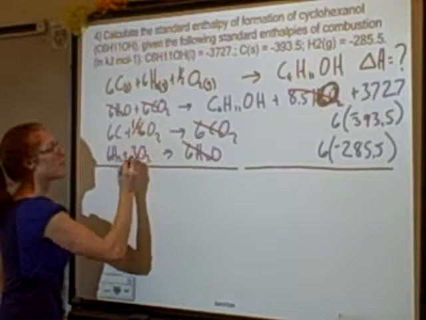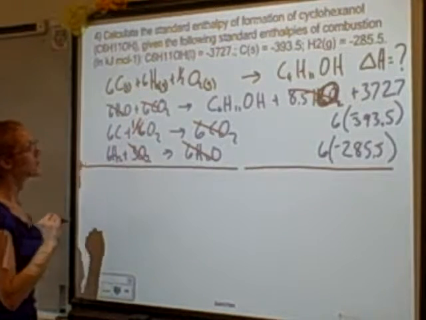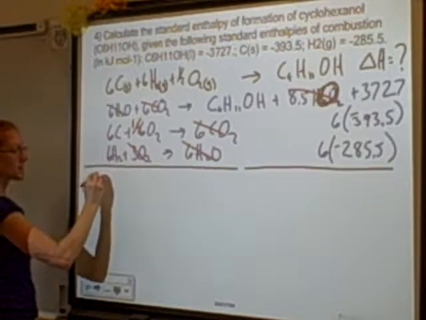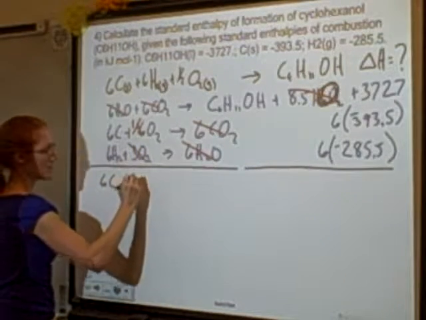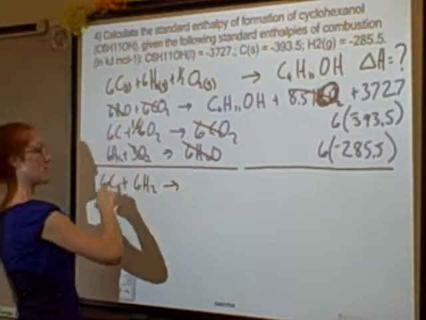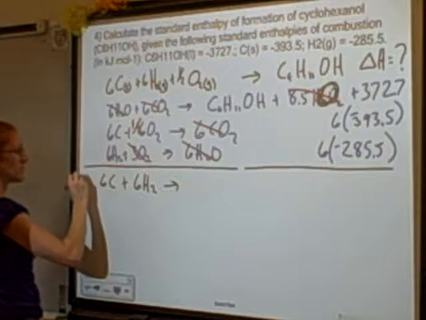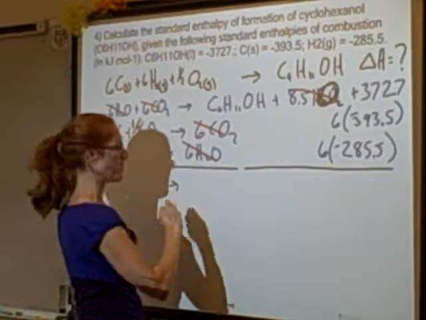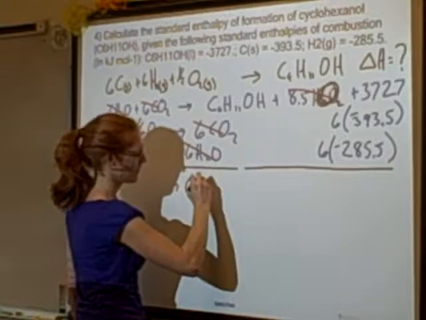So 1/2, and then this is gone. Okay, so that does add up, because I'm left with 6 moles of carbon, 6 moles of hydrogen, plus 1/2 oxygen, reacting to form 1 mole of cyclohexanol.